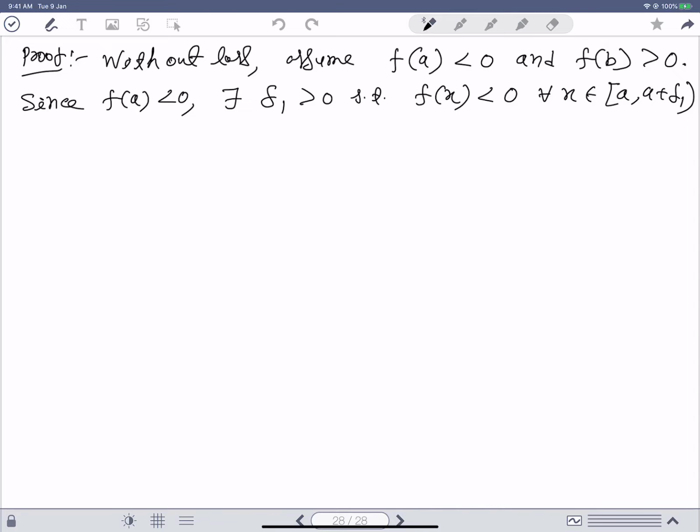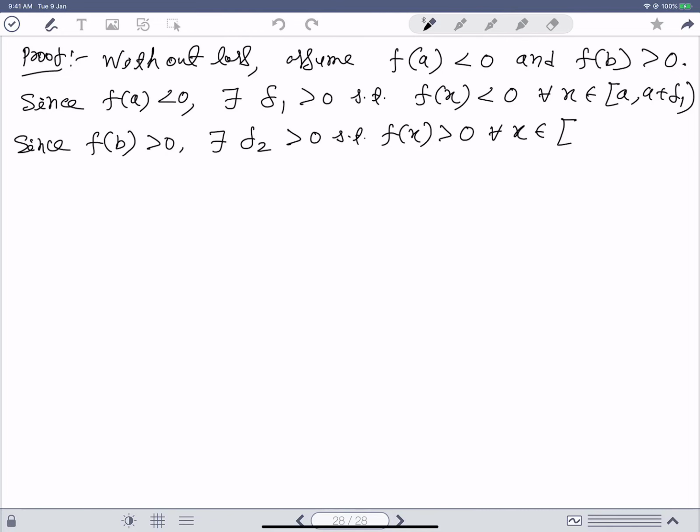Okay, and similarly, since f of b is bigger than 0 and f is continuous, therefore there exists a positive, say delta 2, such that f of x is bigger than 0 for all x belongs to the interval (b minus delta 2, b], and this is a subset of [a, b].